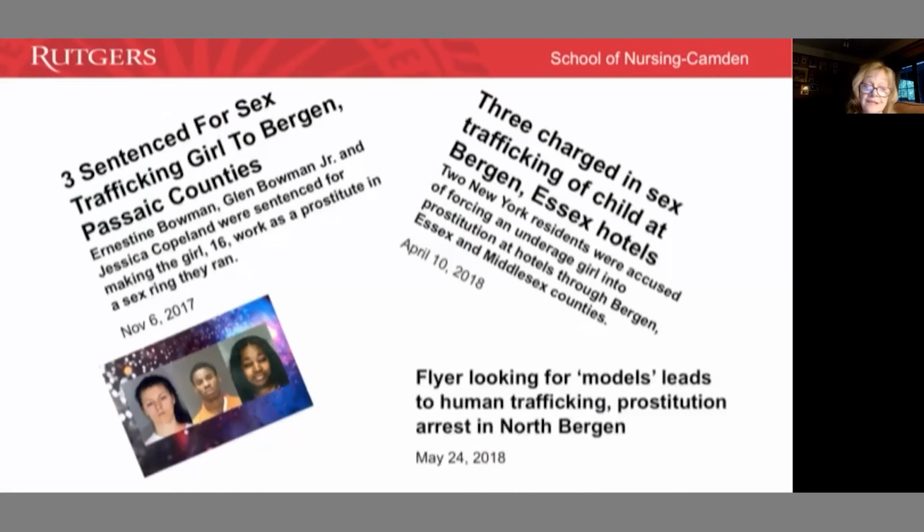The techniques are many, but one of the techniques they use, as you can see on this slide, is they pretend that they're agents looking for beautiful girls to model for them. And these are, of course, not really agents looking for models, but actually looking for girls who are beautiful who can be trafficked. And these are some examples on this slide.